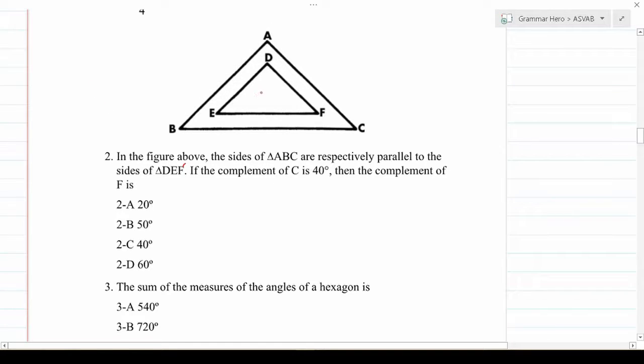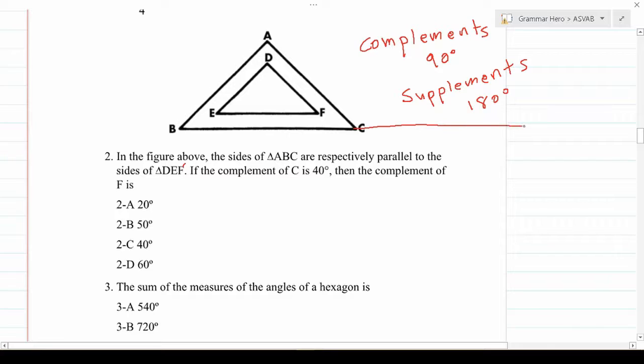So whenever they talk about complements and supplements, you need to know that complements refer to 90 degrees, whereas supplements refer to 180 degrees.